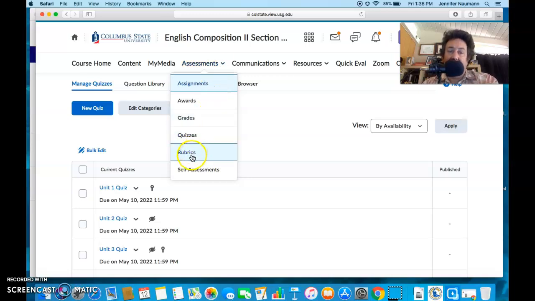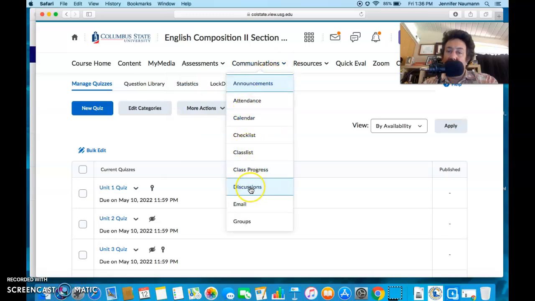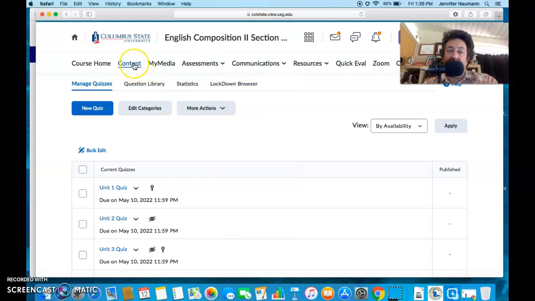You will see the rubrics under rubrics. You should check those out. Those are helpful. And under communications, there are discussions. So those are the things that you get points for in the course. So make sure to, of course, look at content. That shows you basically everything, right?